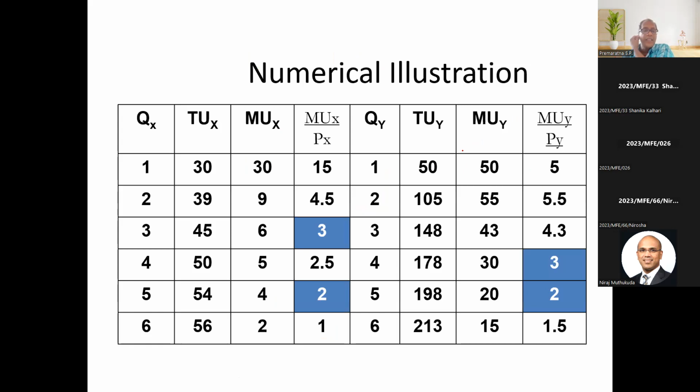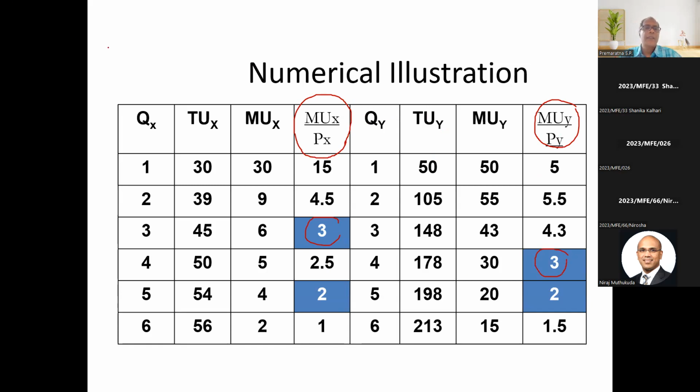And in that condition, last time I think we discussed this table also. There you can see the two-good case, and you can see the condition. Consumers choose the basket where these two are equal. Here you can see 3, here also 3, which means equal.